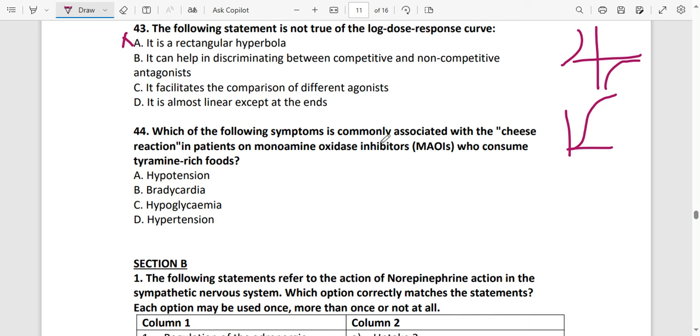Which of the following symptoms is commonly associated with a cheese reaction in patients on monoamine oxidase inhibitors who consume tyramine-rich foods? Hypotension, bradycardia, hypoglycemia, hypertension. Anyone who can help with this one? The cheese reaction. What is the problem there? Are people sleeping?